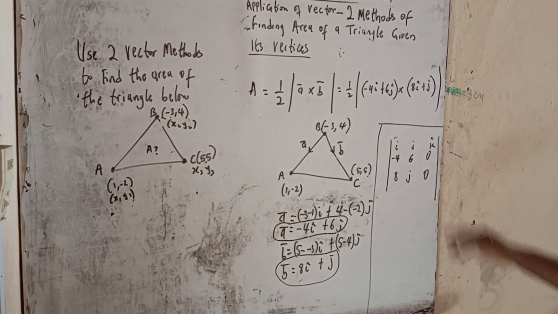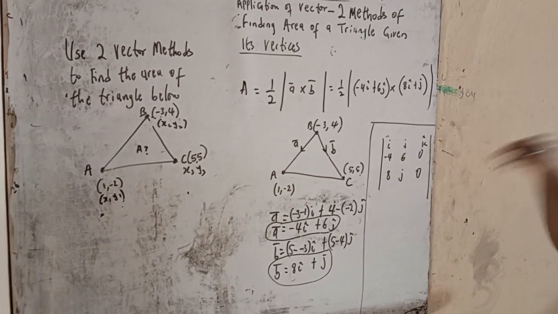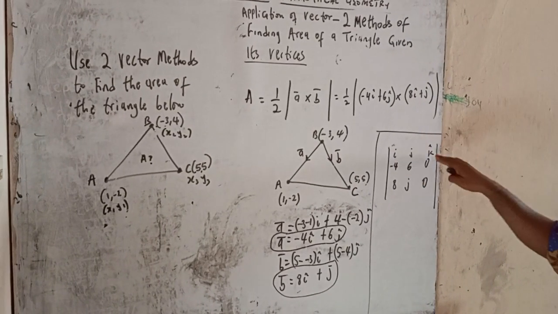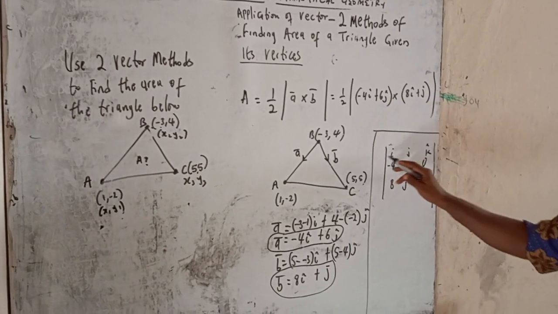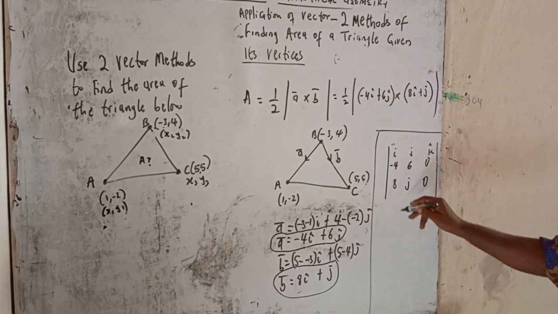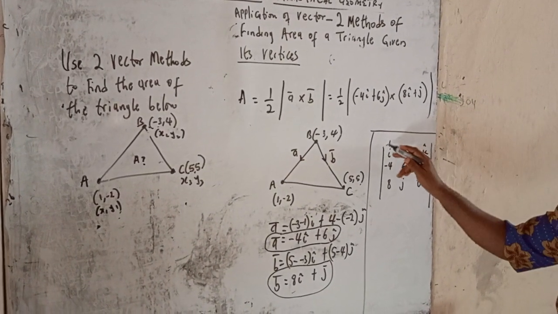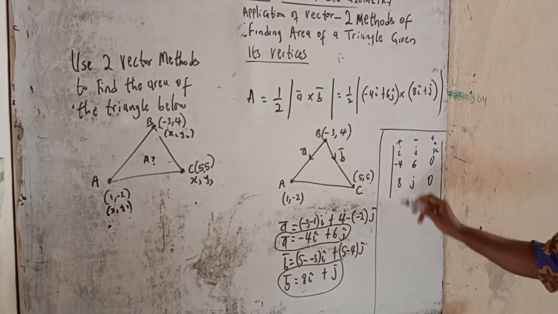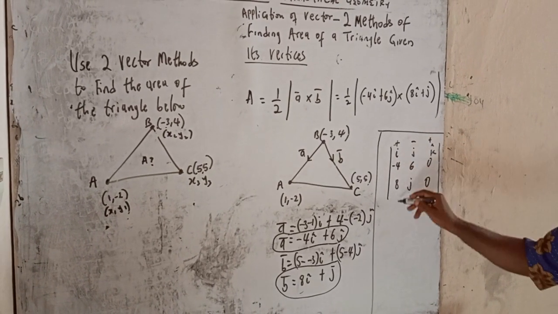Now, how do we do this three-dimensional vector determinant? We call it a 3D determinant because we have three rows. The signs on top are plus, minus, and plus. So we cross this unit vector out in this format.